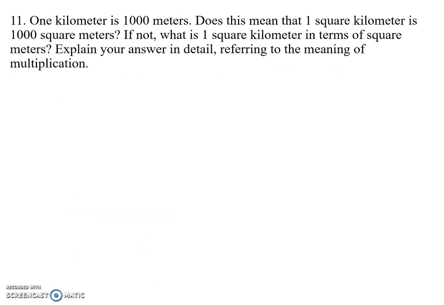Alright, the next one, we know that 1 kilometer is 1,000 meters, and is 1 square kilometer 1,000 square meters? So the thing to remember here is that if I think about 1 square kilometer, that means 1 kilometer times 1 kilometer.